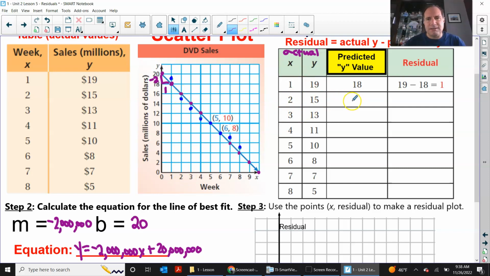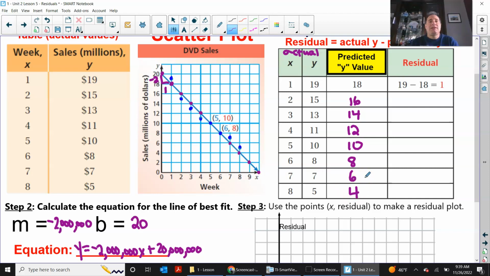So 2, 16. 3, and we're going up to the trend line because we're looking for the predicted values. 3, 14, it looks like. And then 4, and we're talking about 12. Close enough. And then 5, 10. That's perfect. 6, 8. That's perfect. 7, and then we have 6. And then 8, the predicted is 4.